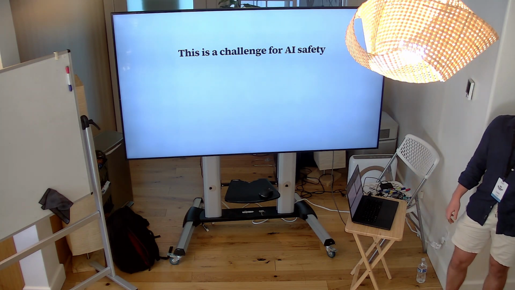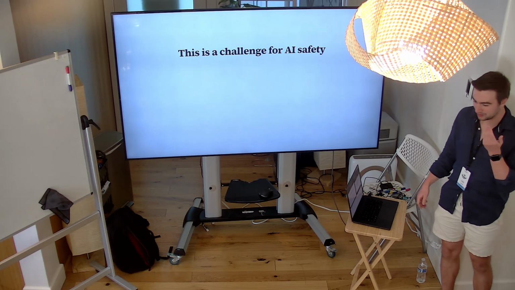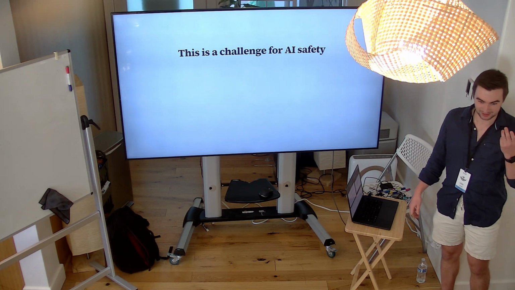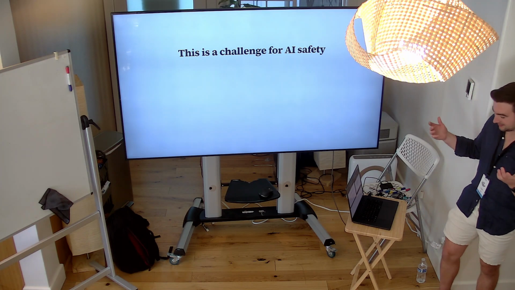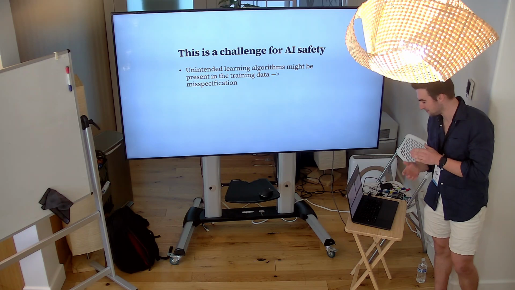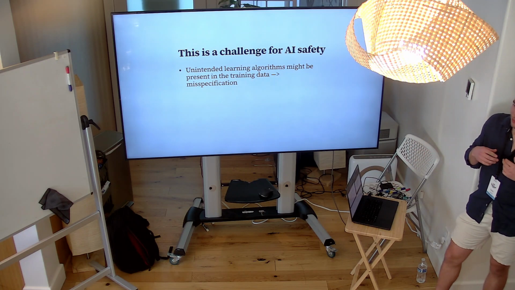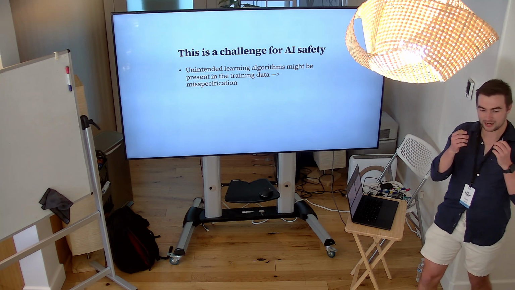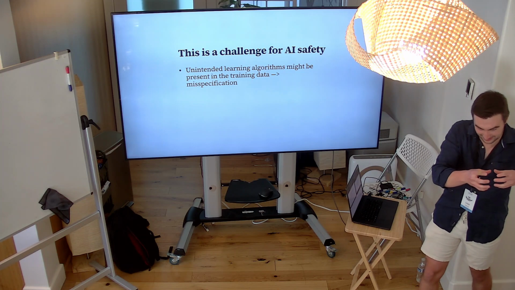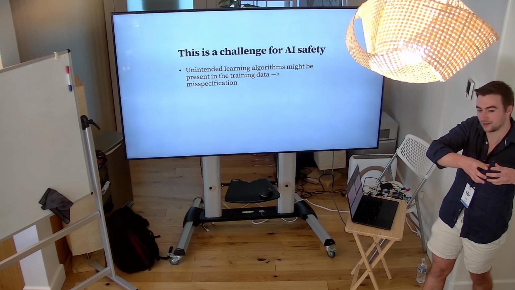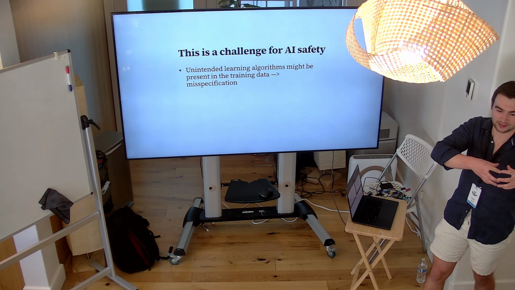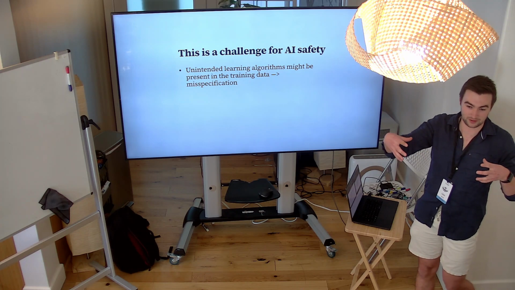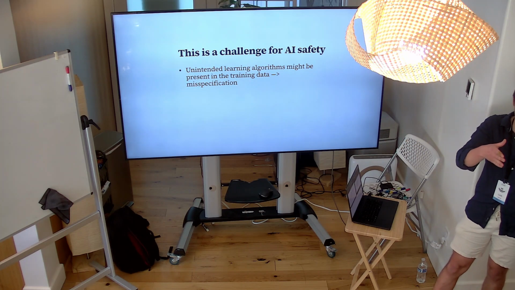The reason that this is important, I'm sure this will be very intuitive to most of you here, since this is an AI safety conference, is the idea of misspecification, where we think that the training data contains this thing, but perhaps the model is actually learning something that generalizes beyond the thing that we think we're putting into the data.